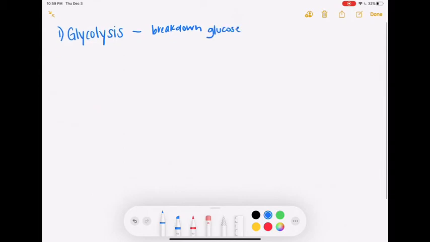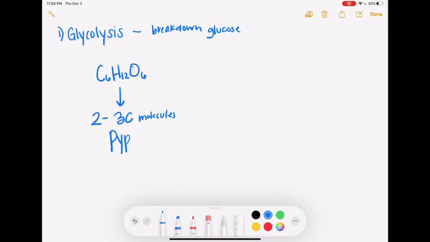Okay, so glucose is C6H12O6. And in the process of glycolysis, we break it down into 2 3-carbon molecules called pyruvate. Okay, this happens in the cytoplasm, as we mentioned earlier.